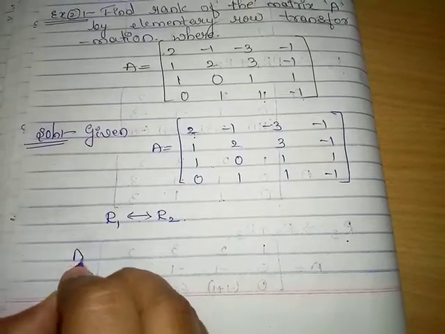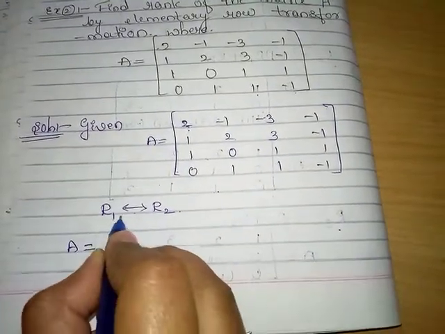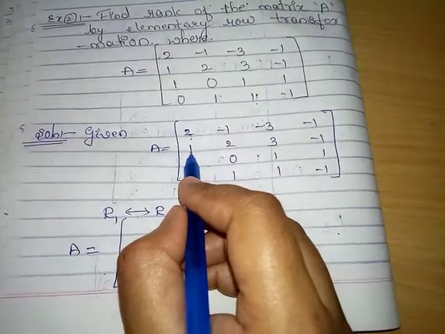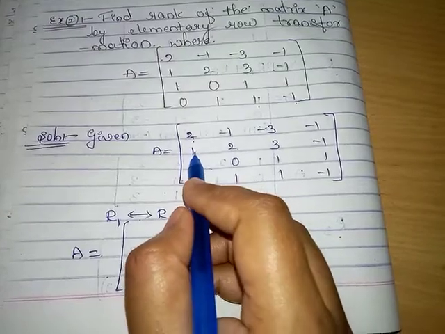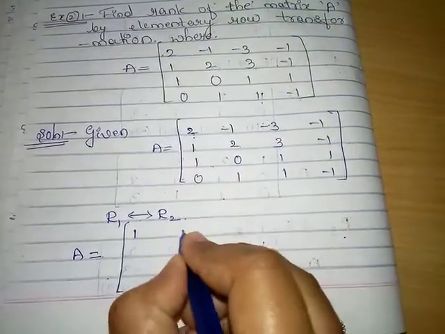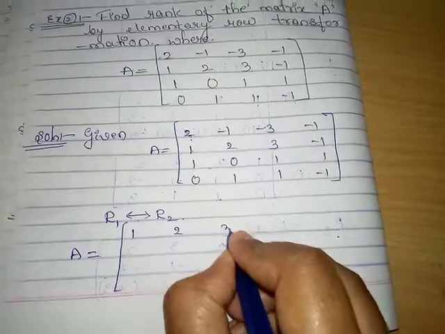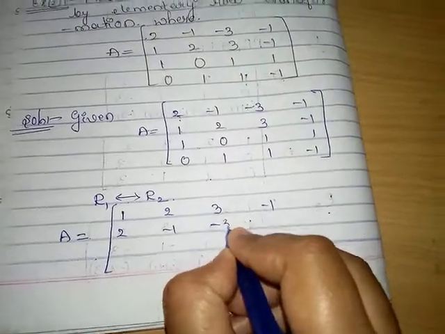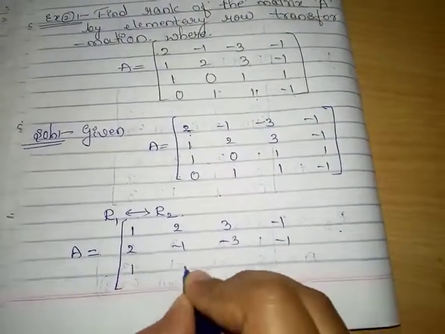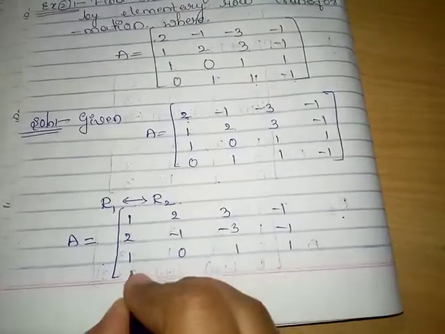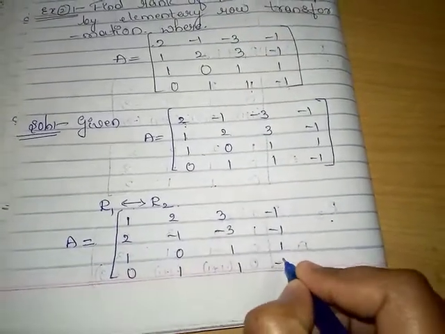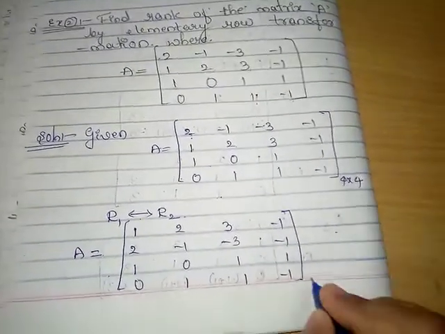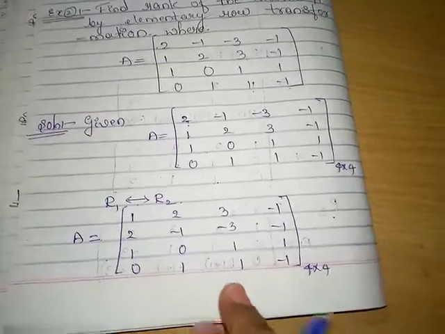Okay, then matrix A is equal to: R1 changes to R2, means write the second row in place of the first row, it will be 1 2 3 minus 1. Here it is 2 minus 1 minus 3 minus 1. Third and fourth rows are as they are, 0 1 1 minus 1, and the given matrix is of order 4 cross 4. Here we have 4 rows and 4 columns.